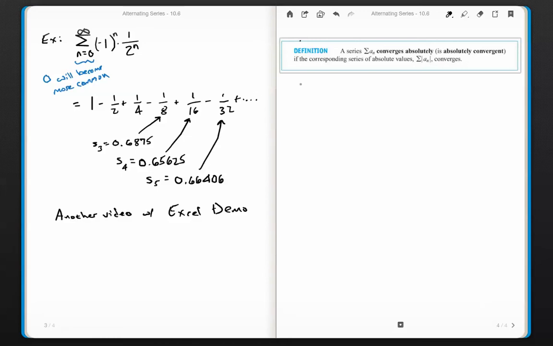What does this mean? This means, and I'll put this in English, this does not need alternating signs in order to converge.